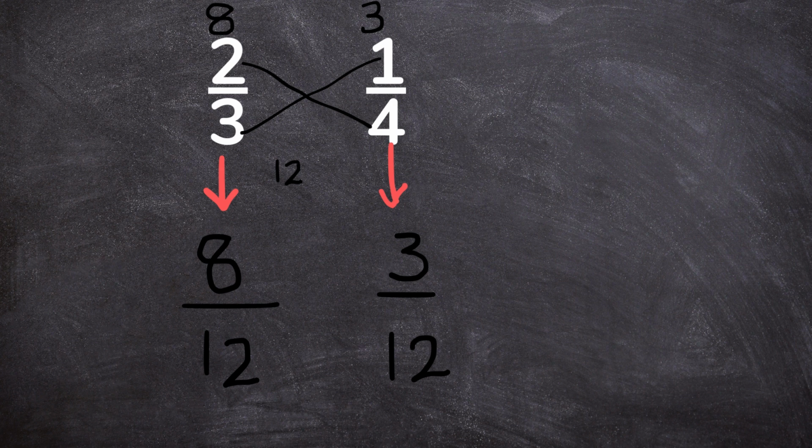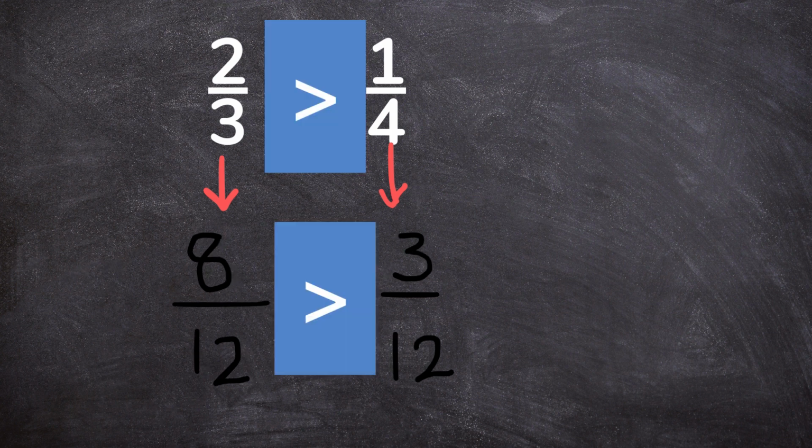Now, when your fractions have the same denominator, to find out which one is bigger or smaller, you just look at the numerator. The bigger the numerator, the bigger the fraction. So we have 8/12 and 3/12. 8 is bigger than 3, so we would say 8/12 is greater than 3/12.